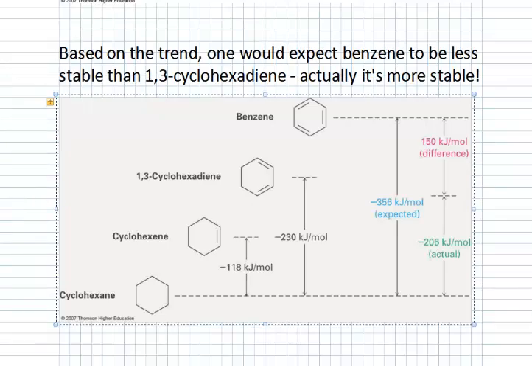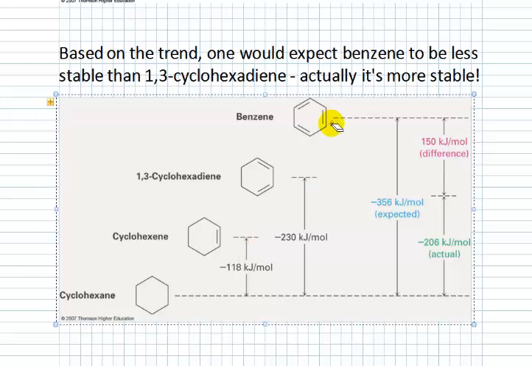So let's look at the stability of benzene. It has a particular extra stability, even beyond just what we get from conjugation. So take a look. Here's cyclohexane, our baseline. Okay. Less stable is cyclohexene. Less stable yet, cyclohexadiene. That's 2 conjugated double bonds.